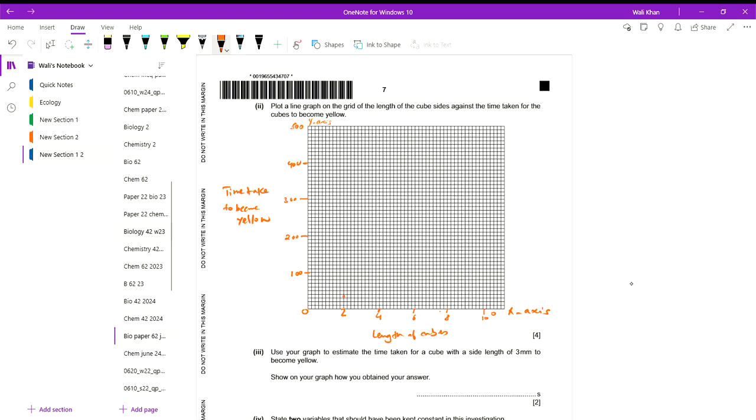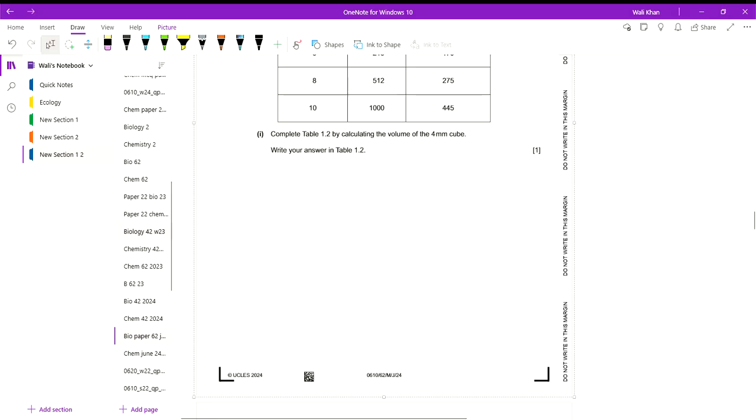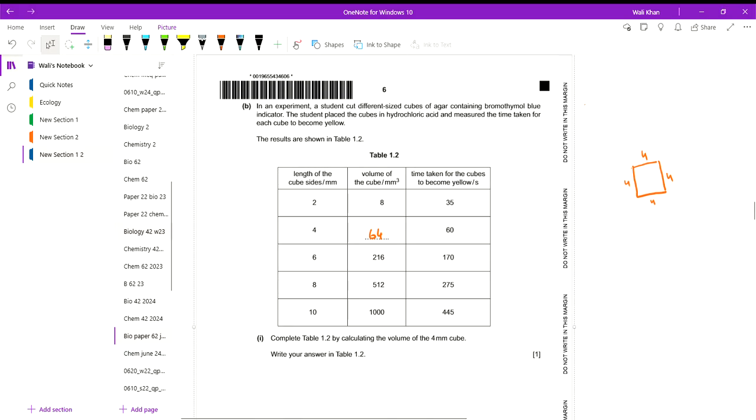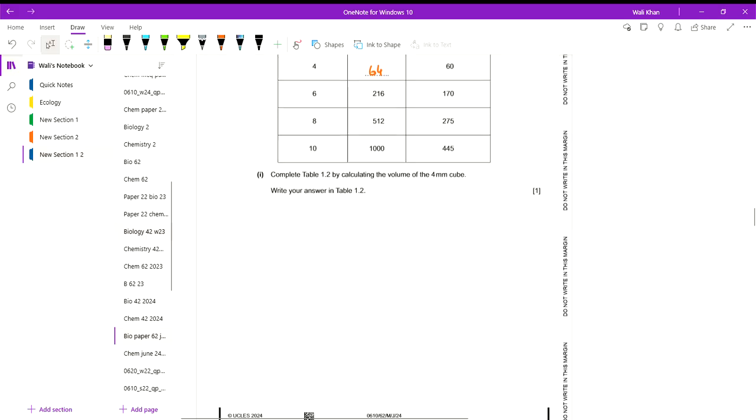And for 4 it is 60. For 6 it is 170, then 275, and 445.